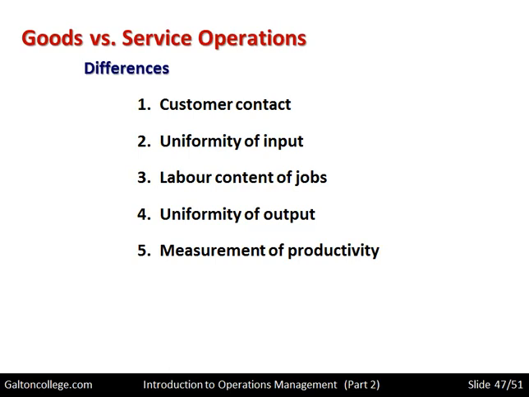Measurement of productivity is also an issue. There are different ways we can look at this. It's difficult to measure productivity within a company, say within a manufacturing company, because workers work with machines. Now, if the output is increasing, is that because the workers are more efficient or the machines are more efficient?